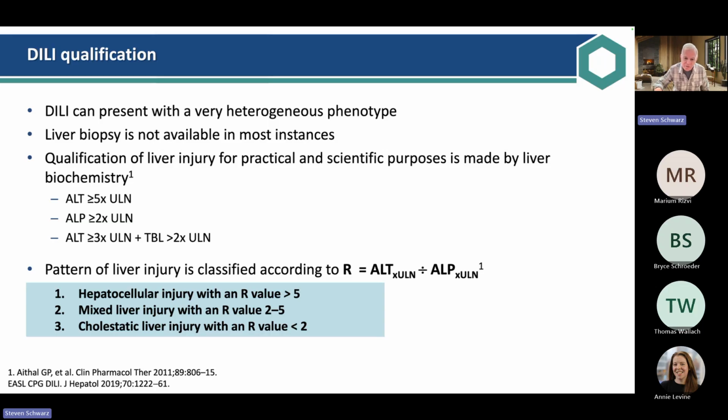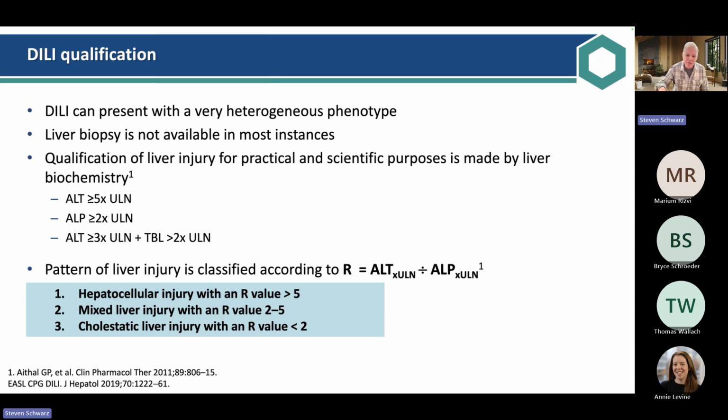And if the R factor is greater than 5, that suggests that it's direct hepatocellular injury. It's a hepatitic process. If the R value is between 2 and 5, that's a mixed liver injury that is possibly hepatitic or cholestatic.